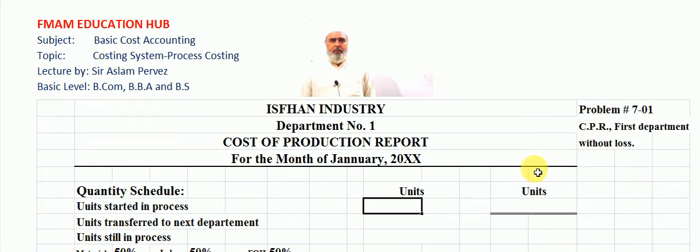This is the main slide about the problem. The main heading is Aslam Industry, Department number 1, cost of production report for the month of January 2000. Students, let's start. The first section is the quantity schedule, in which units started in process are 20,000 units.